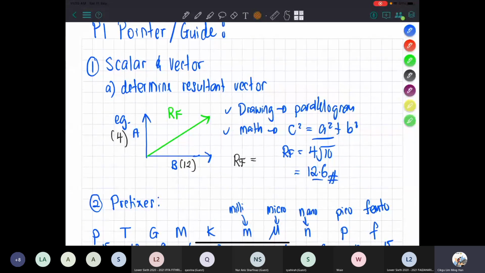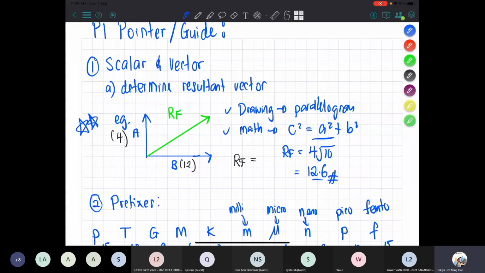Can you see all this pointer guide here? Yes. Can you see the red color laser pointer? Yes. Good. So the first thing that you must be good at is vector and scalar. You must be able to determine this one. I put a star here. This one is very, very important.